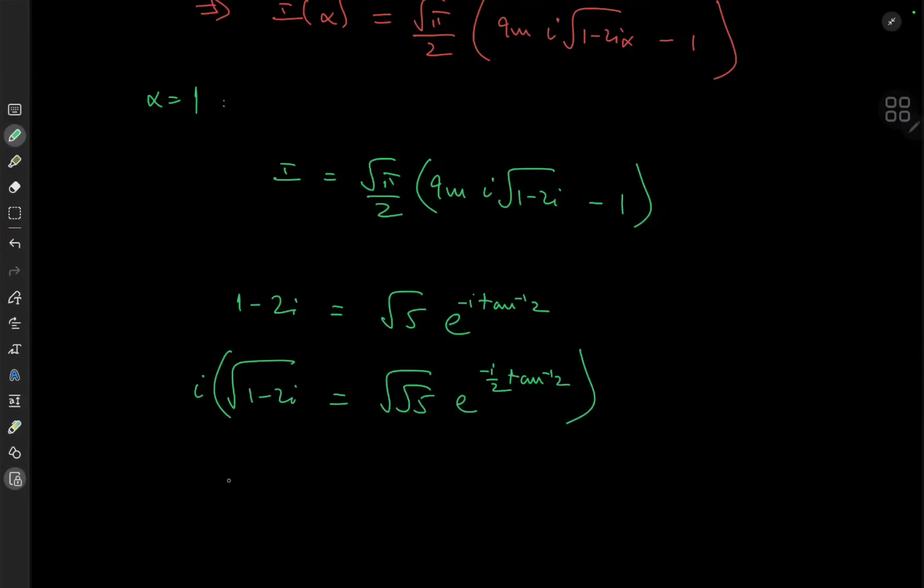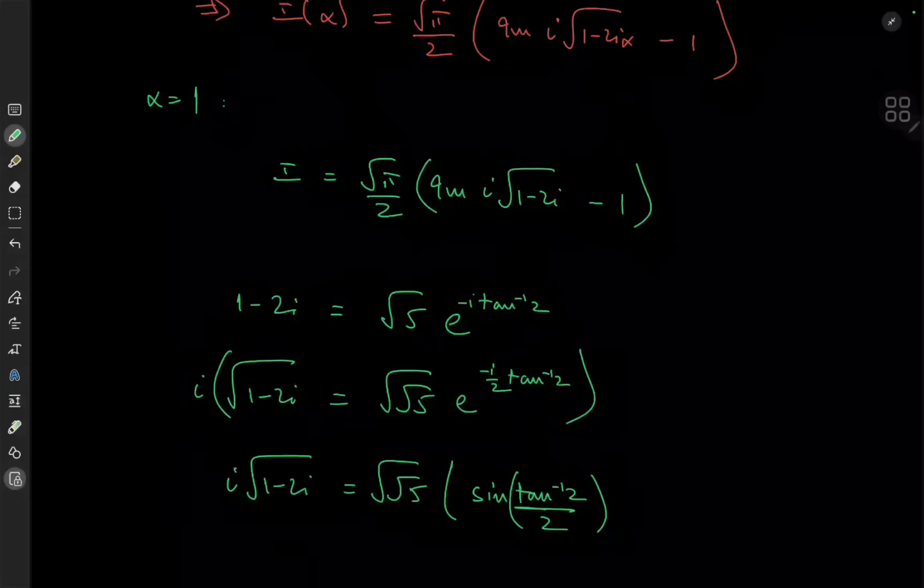So on expanding by I, we have I times root 1 minus 2I equal to root 5 times, now e to the I times something can be expanded using Euler's formula. So we have I times the cosine minus I times the sine. Negative I squared would be 1. So the real part of this thing is actually the sine of arctangent of 2 over 2.